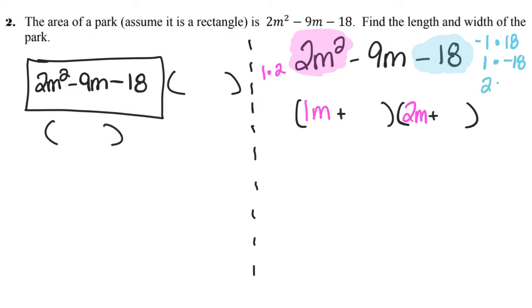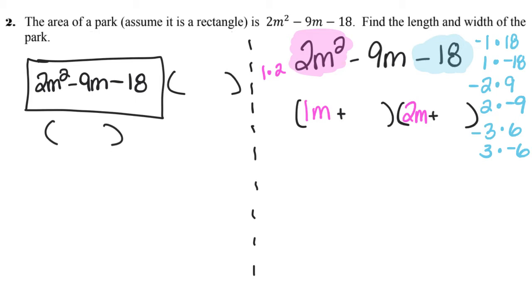And I'll go down the list. So an option, 2 times 9, would multiply to 18. So either the 2 is negative or the 9 is negative. And I can also use 3 and 6. So I'll consider making the 3 negative, but I also want to consider making the 6 negative. And I think those are all of our options for the negative 18.